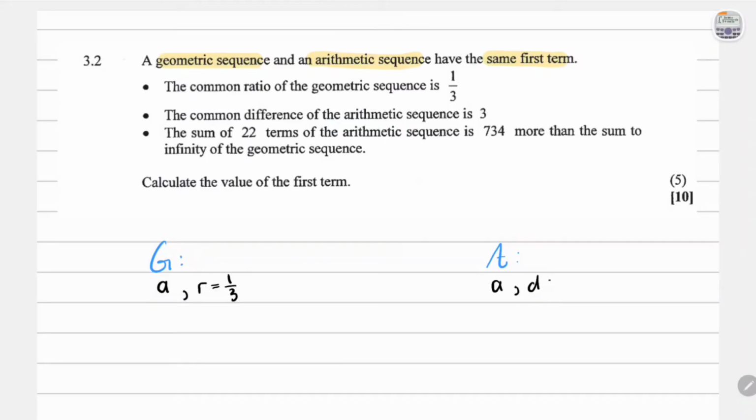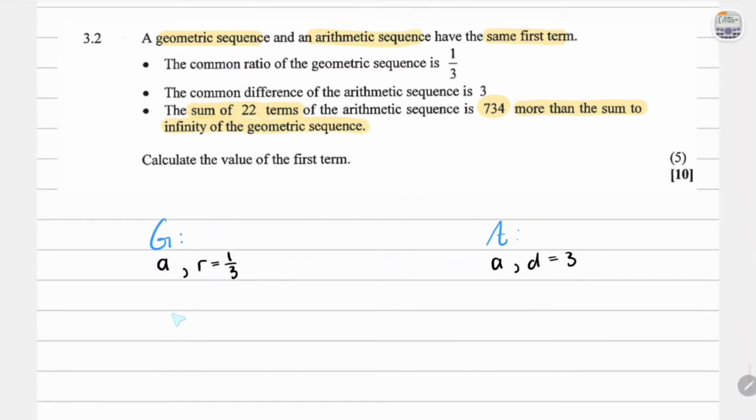So d equals 3. Then they tell us that the sum of 22 terms of the arithmetic sequence is 734 more than the sum to infinity of the geometric sequence.